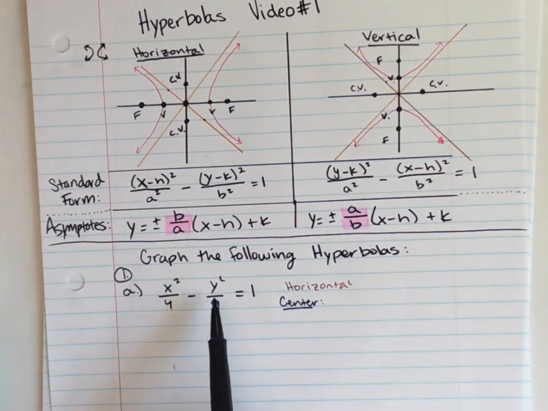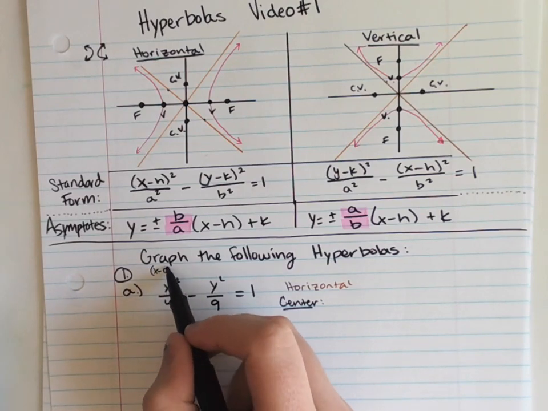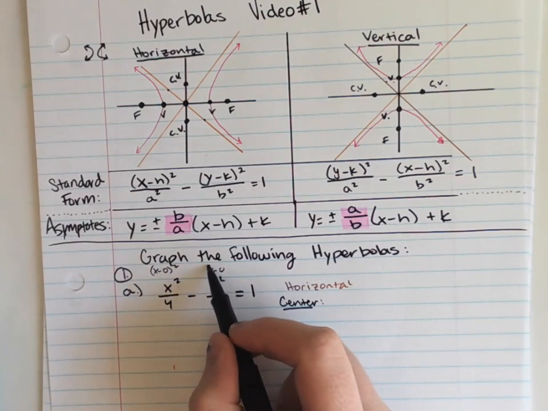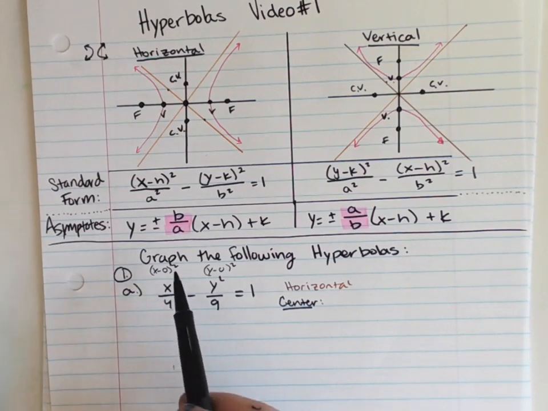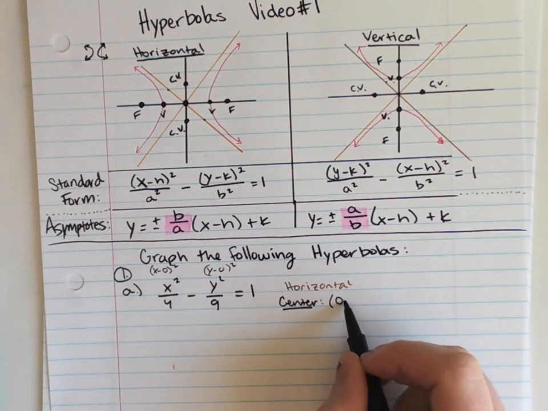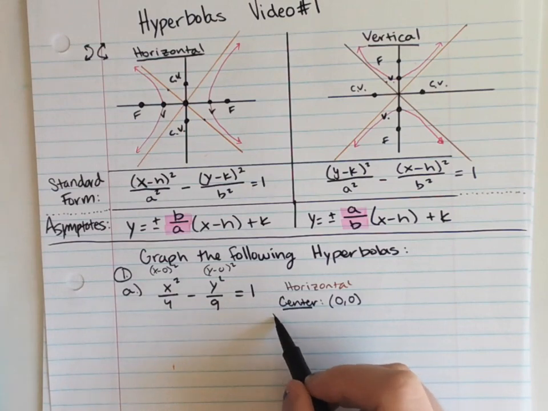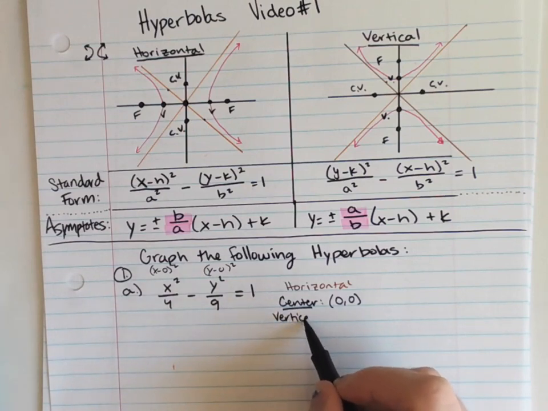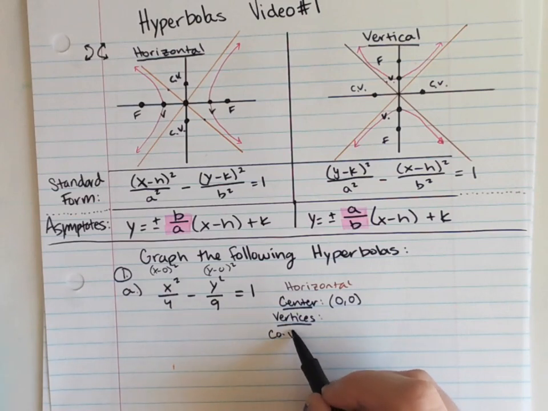Okay, so let's talk about our center. This is written a little funky. You almost have to imagine it saying x minus 0 squared and y minus 0 squared. They didn't put that here, but we know that it has to follow this format. So our center is 0, 0. To find our vertices and our co-vertices, we need a and b.